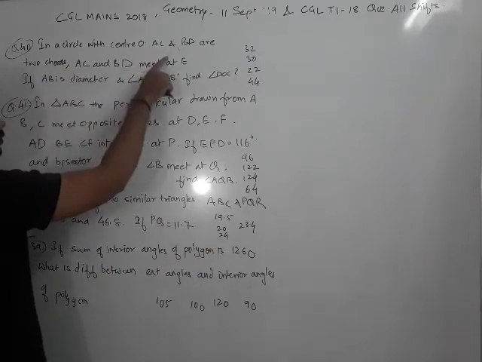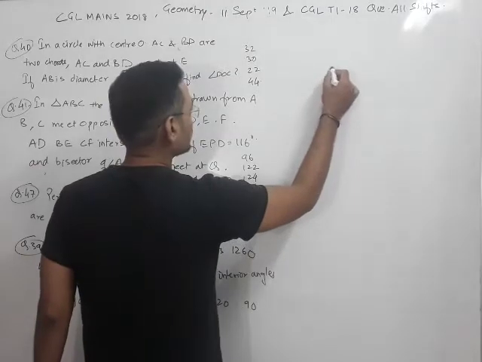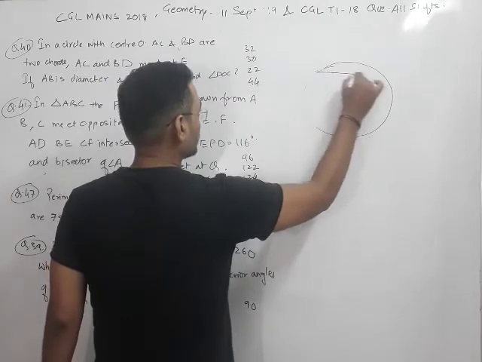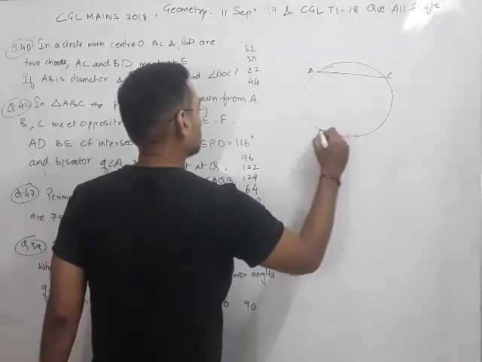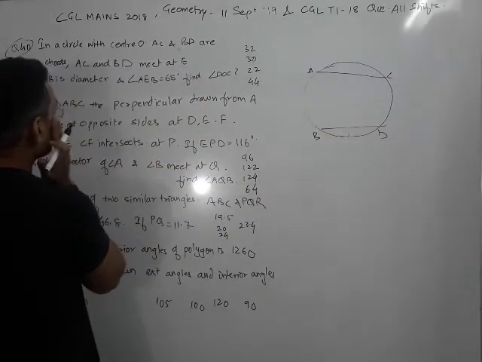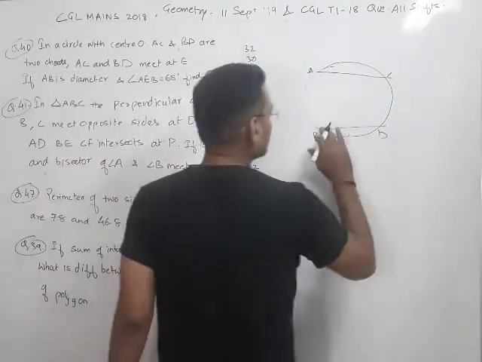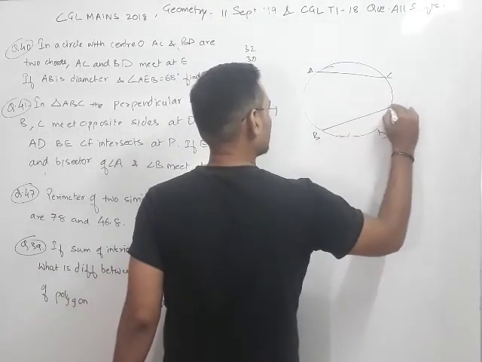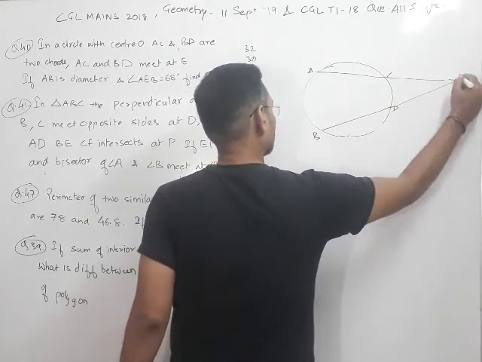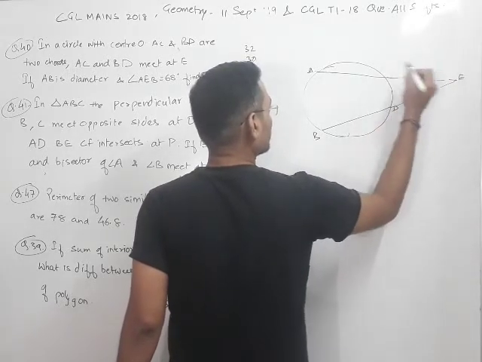In a circle with center O, AC and BD are two chords. AC and BD meet at E. Now you are getting a bit of a hang of what kind of question it's going to be.